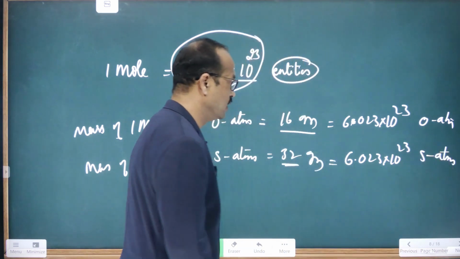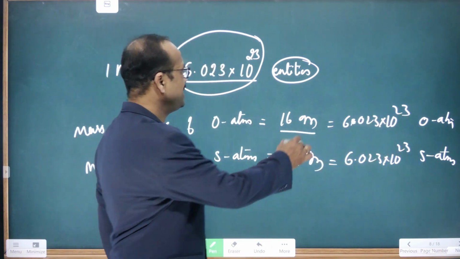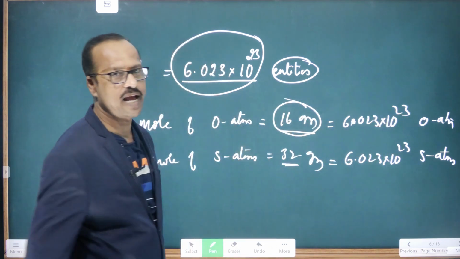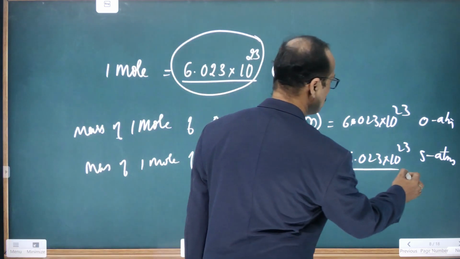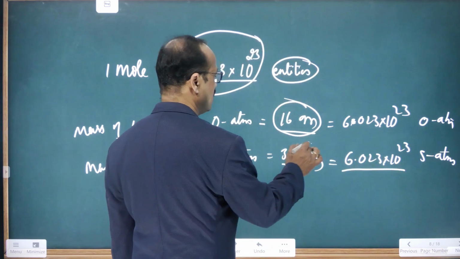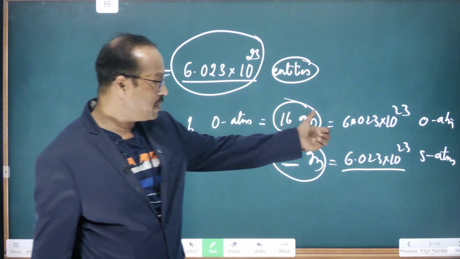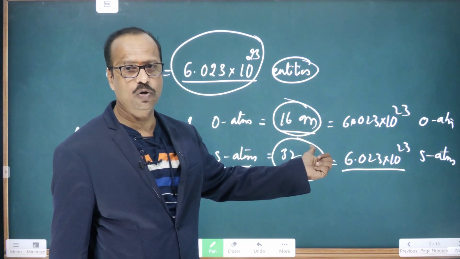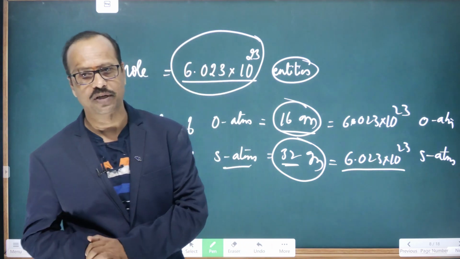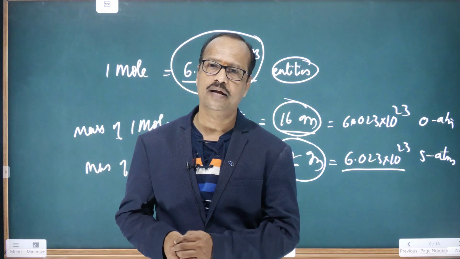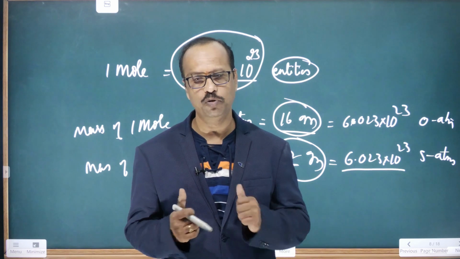So, here if you take 6.023 into 10 to the power of 23 oxygen atoms, its mass is equal to 16 grams if you are expressing in grams. If I take the same number, 6.023 into 10 to the power of 23 sulfur atoms, that is equal to 32 grams, right? Number is the same, but mass changes, yes or no? For example, if you take 1 dozen bananas and measure the weight, and take 1 dozen apples and check the weight, do they both remain the same?